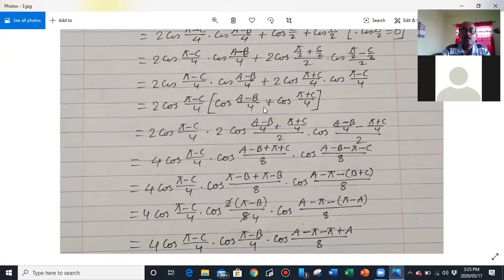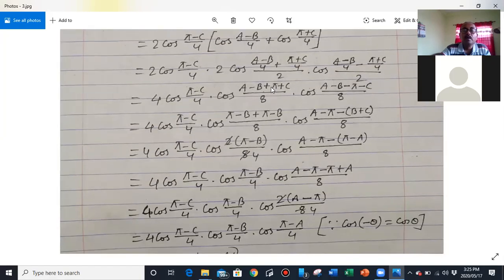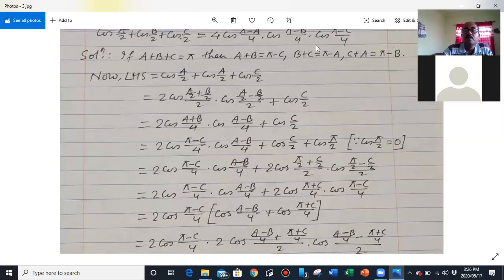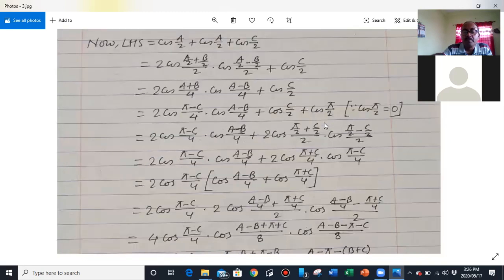So for a plus c we write pi minus b. Here on this side, a minus pi, there is b and c, so take minus common, (b plus c) by 8, and again b plus c will be pi minus a.